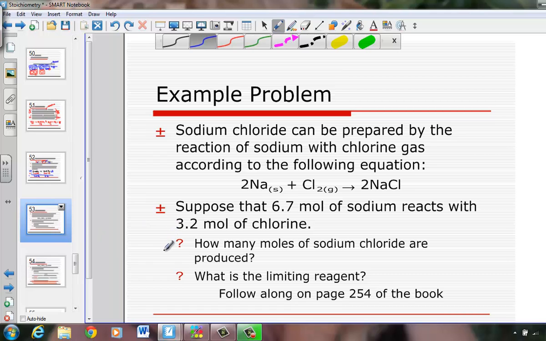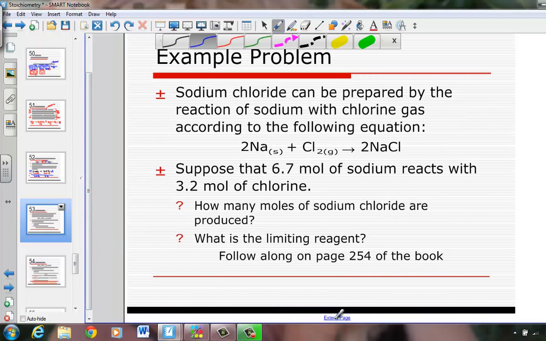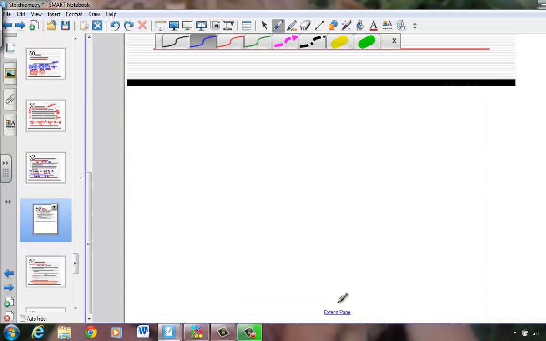Suppose we have sodium chloride being prepared by the reaction of sodium with chlorine. Let me just extend the page and we'll write this together. So our next example problem. If the elemental form of sodium, Na, reacts with the elemental form of chlorine, which is diatomic, Cl2, we would create a formula unit, an ionic salt called sodium chloride, NaCl.